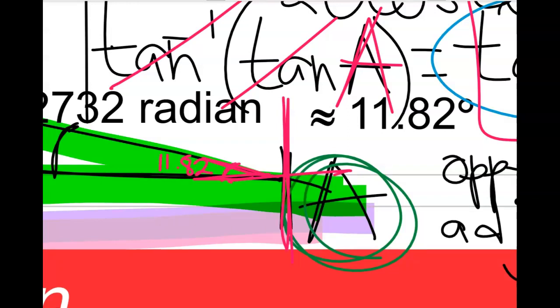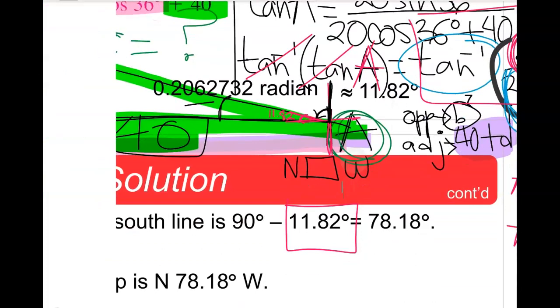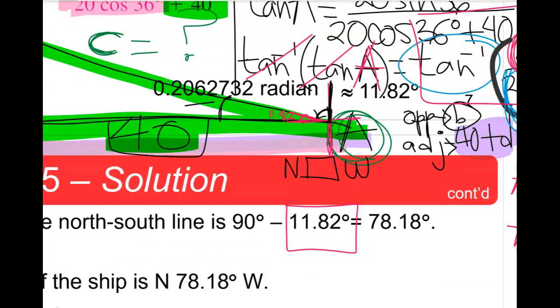But for bearings, we need something like, let's say, north, and then we will need the angle that comes from the north-south line. So in this case, it will be north. So it will be north something, and since we're going to the left, it will be west.